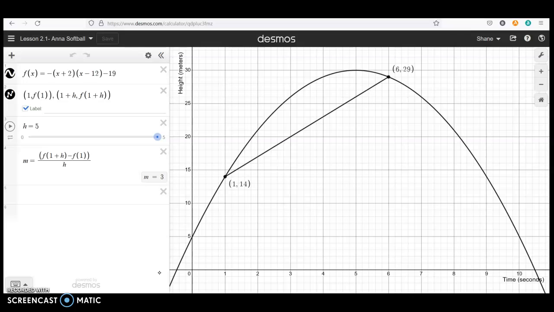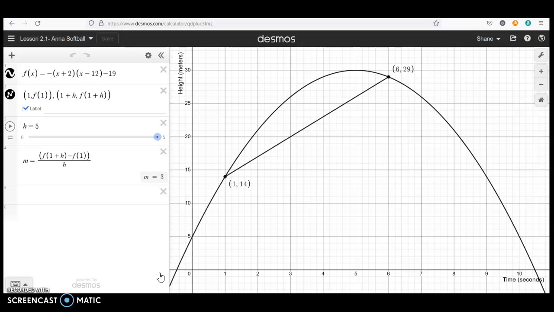So let's go over to the sketch here. How are we going to find the instantaneous rate of change at one point? Well, we're going to start by looking at 2 points. And on this graph, I've started with the points (1, 14) and (6, 29), and I've drawn the line through those two. And something else that I've done over to the left here, this is where you want to really pay attention as we look at this sketch.